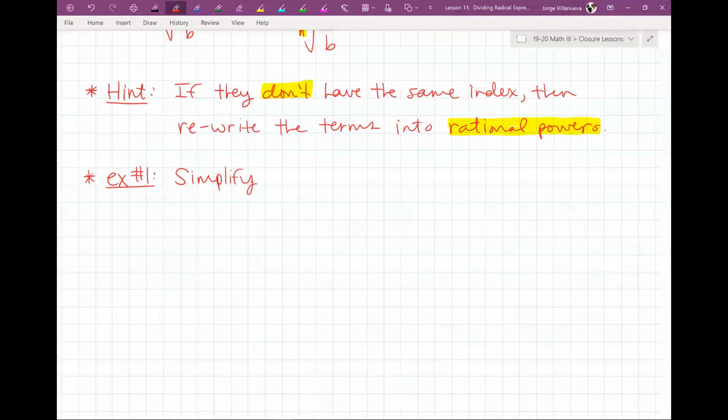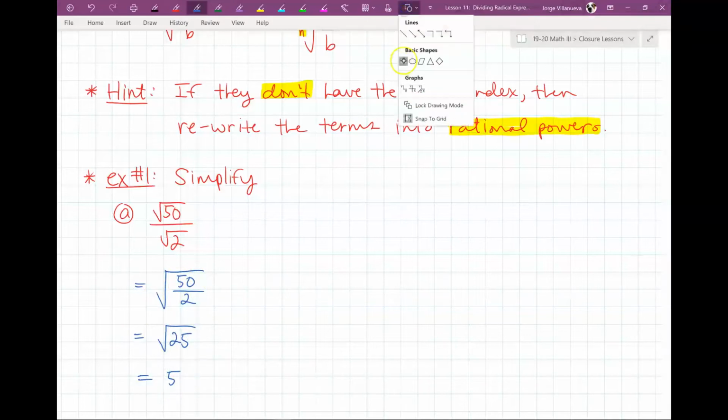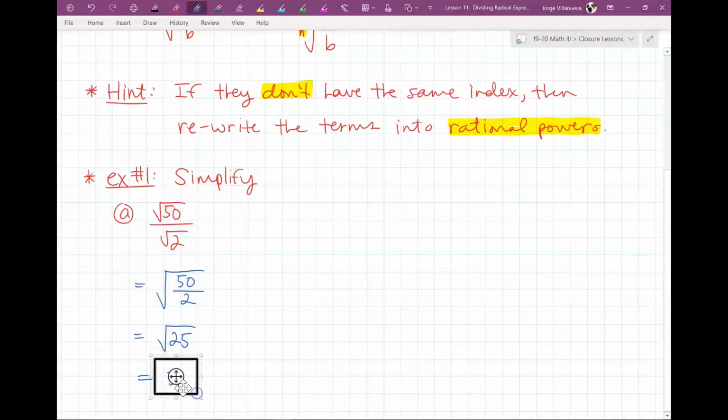We'll start off very easy: radical 50 divided by radical 2. Notice they both have the same index, square roots for both of them. So I'm going to combine them into one big square root. 50 divided by 2 is 25, and the square root of 25 is 5. There you go, a pretty quick and easy problem.